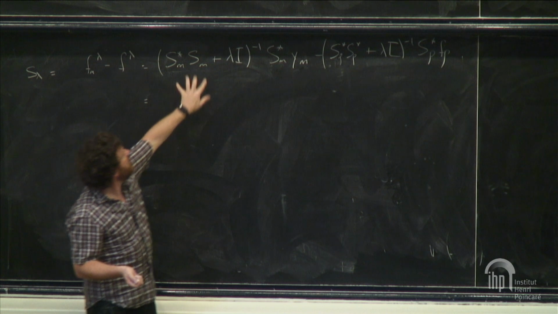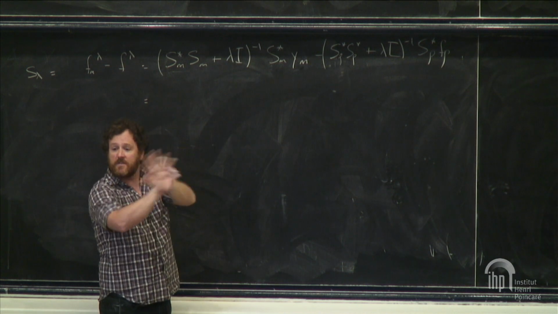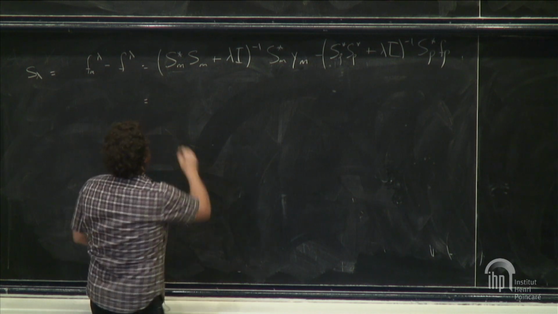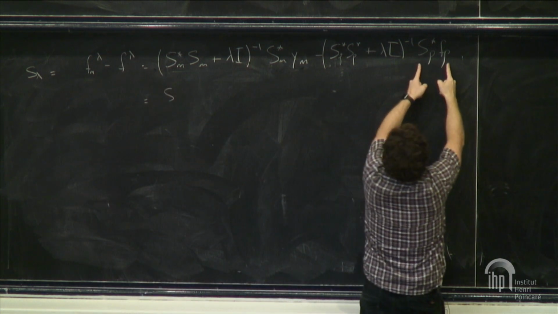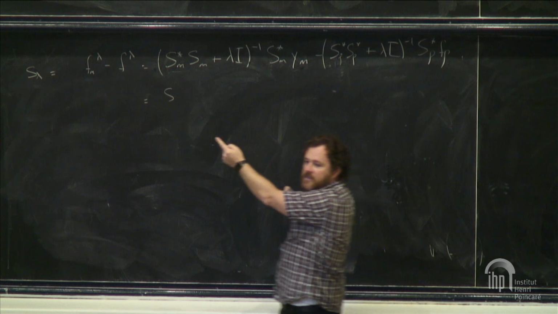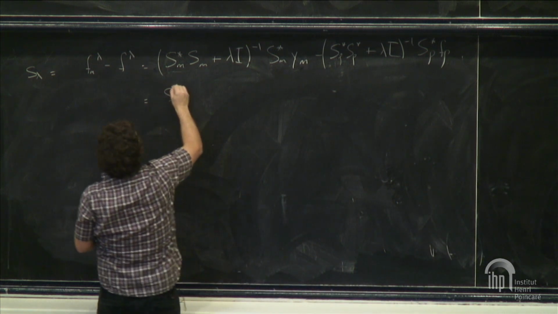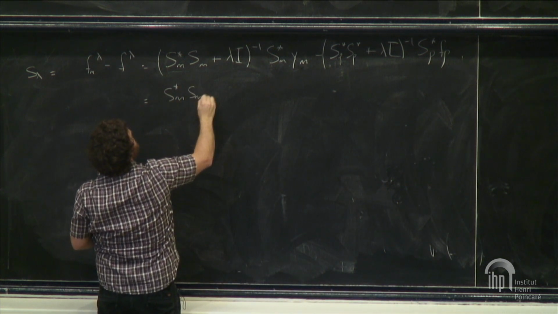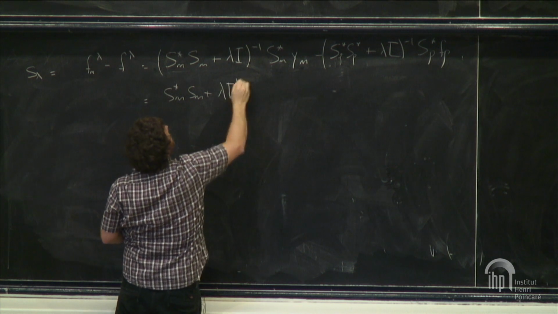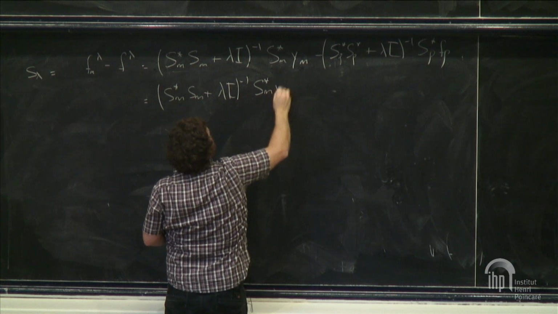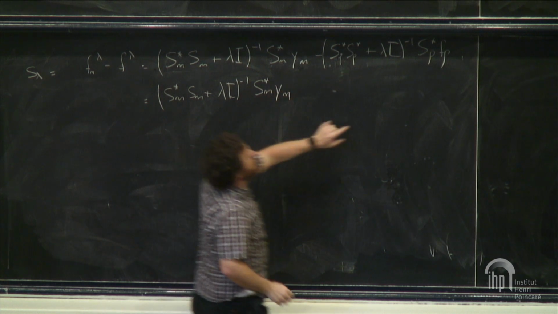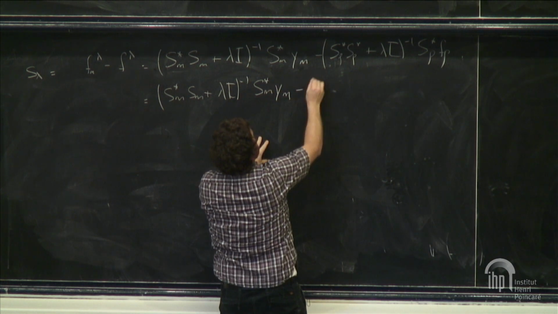So what do we do? We take these two things and we write something in between. The first term we're going to write takes this part, and we add it and subtract it. So I get S star n Sn plus lambda I to the minus 1, and then I get this because I already had it, and then I get this because I subtracted.